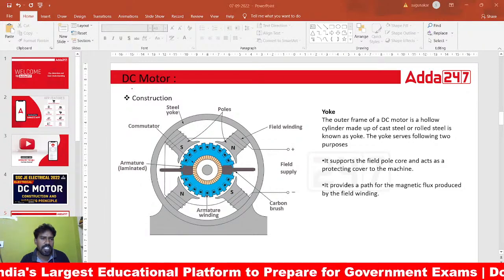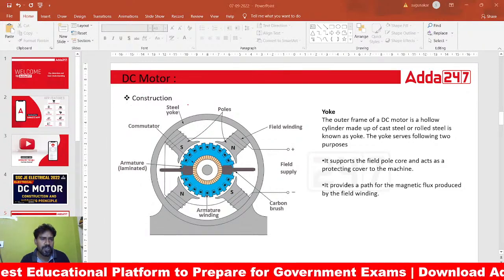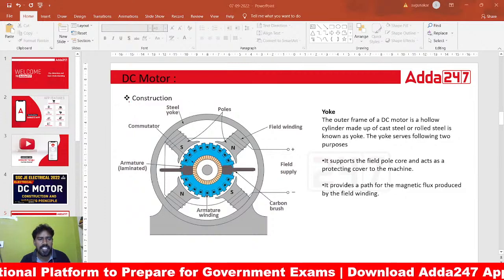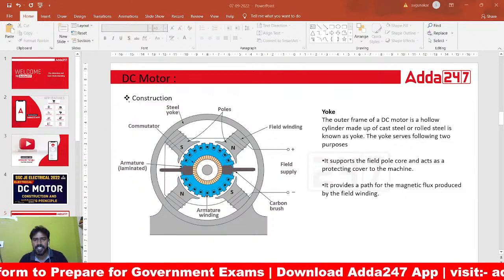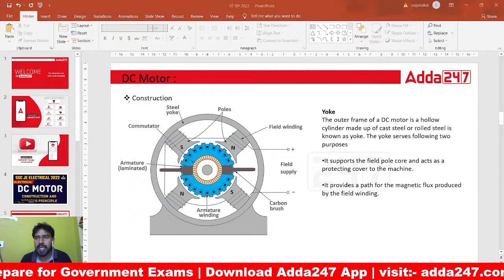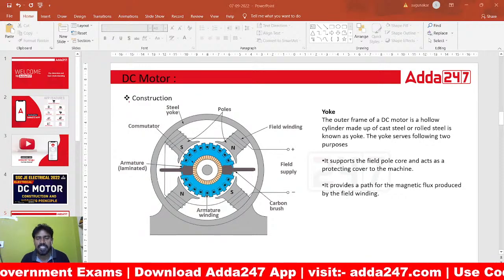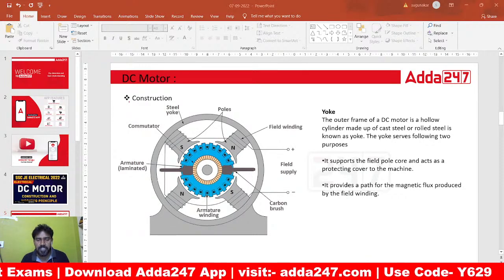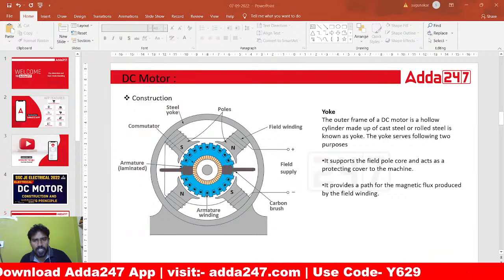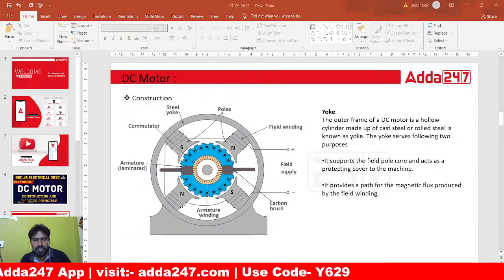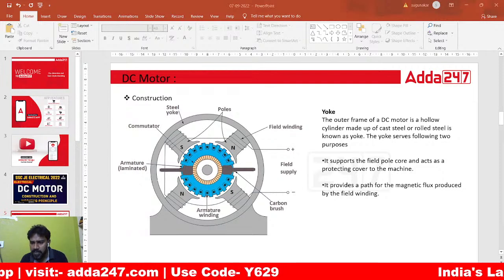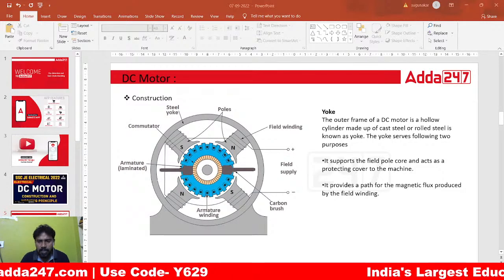Whenever the field winding is connected to these poles and power supply is given, it acts as a magnet. So what is the purpose of this magnetic field system in the DC machines? Can anyone say what is the purpose of this field system in the DC machines?